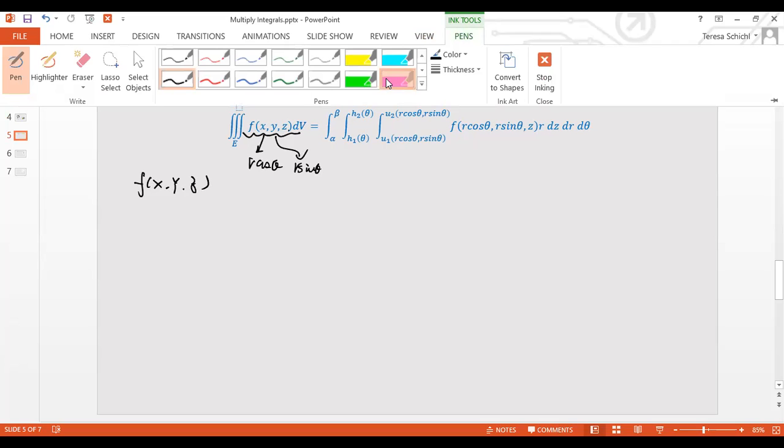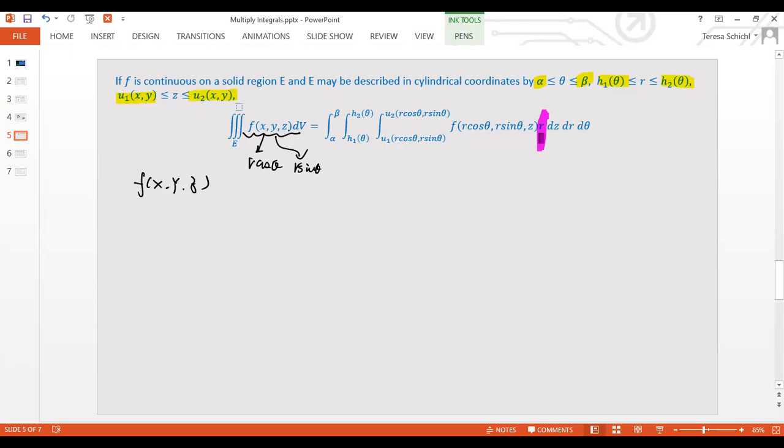And also don't forget in here we have this extra r. What is this r?